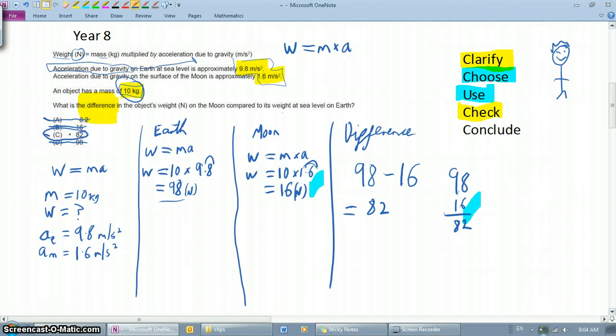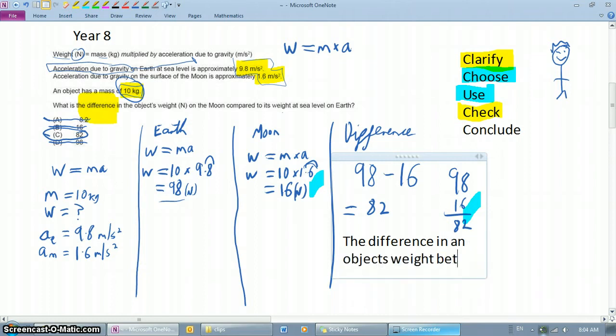However, if we were to conclude in sentence form, as we were asked the question in sentence form, we'd say something along the lines of, and I'll just type it in: the difference in an object's weight between the Moon and the Earth is 82 newtons.